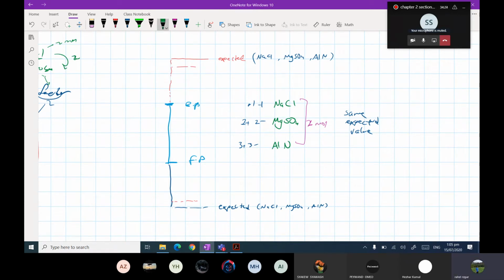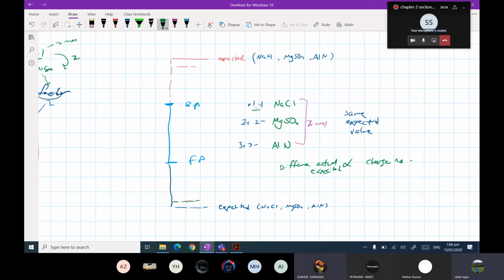So what is going to happen? For NaCl, we said the difference between actual and expected is directly proportional to the charge number. So first, let's start with the lowest number, +1 -1.